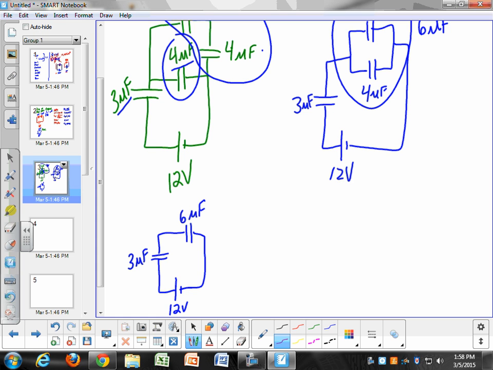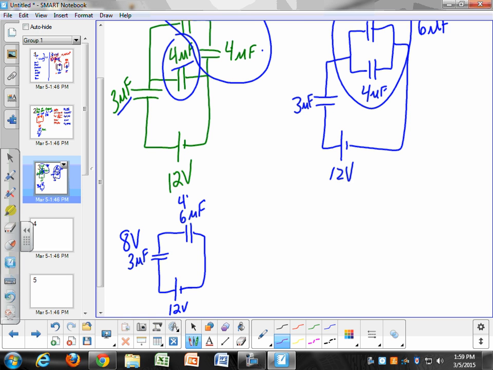All right. So remember to go back, I would go back and I'd find the equivalent capacitance of this, which is 2. That 2 microfarad equivalent capacitor would have 24 microcoulombs. So I'd have 24 microcoulombs here and 24 microcoulombs here. 24 divided by 3 is 8. 24 divided by 6 is 4. So I have 8 volts and 4 volts.